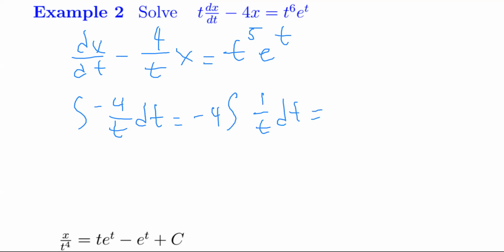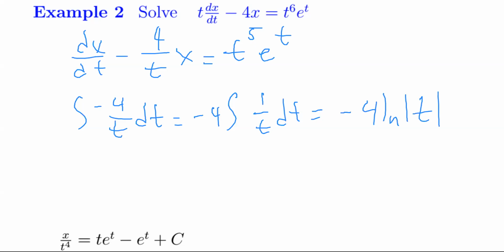And so we get negative 4 ln of the absolute value of t plus c, but again, we don't really need the plus c part. So we get negative 4 ln of absolute value of t.